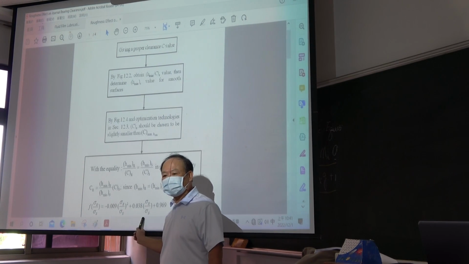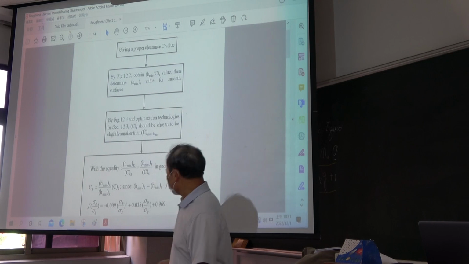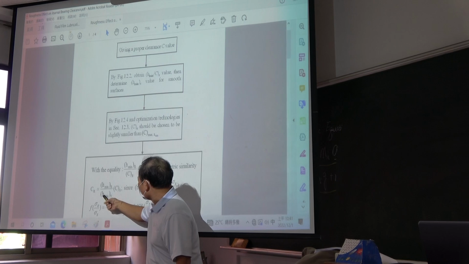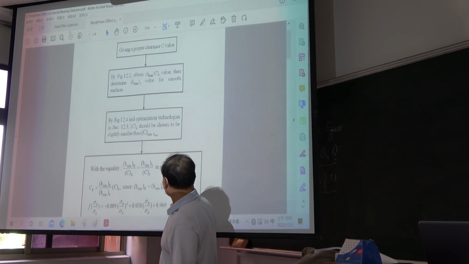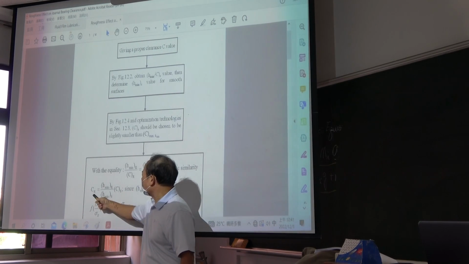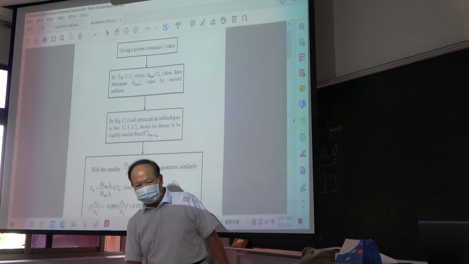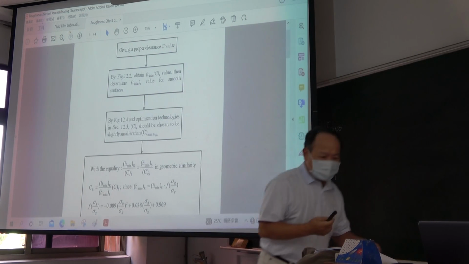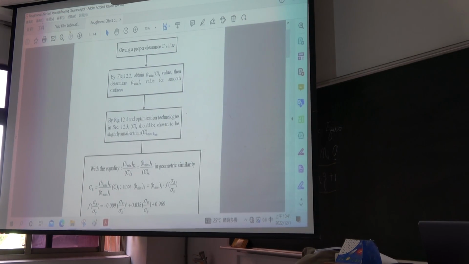Why is it this value? Then it's the next one. Okay, so here is the variable. Then put it here, and then times this one. Then you obtain this one. Then you can obtain CR. Okay, so this function. How to obtain this function? Now is the next one.